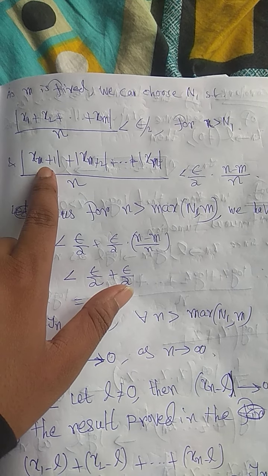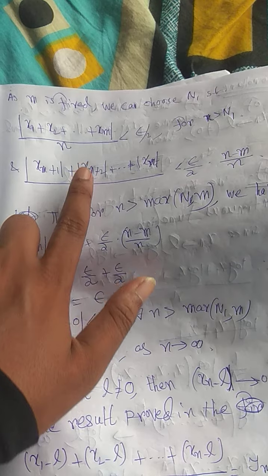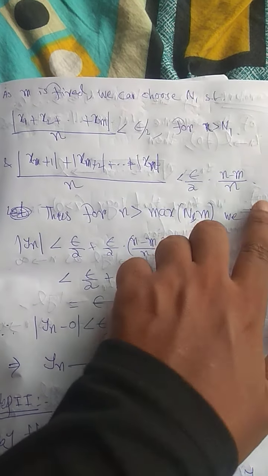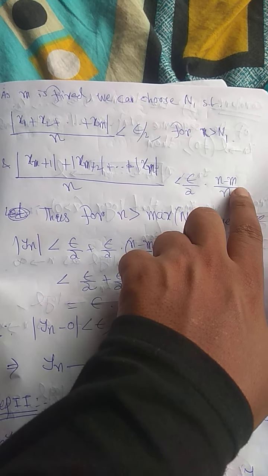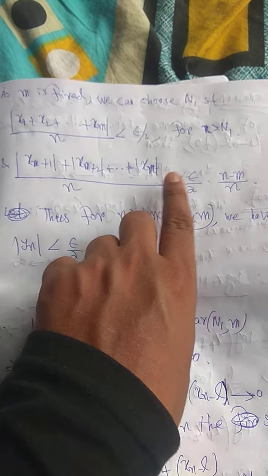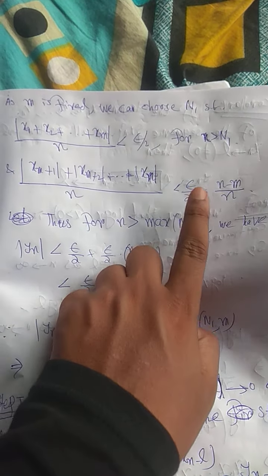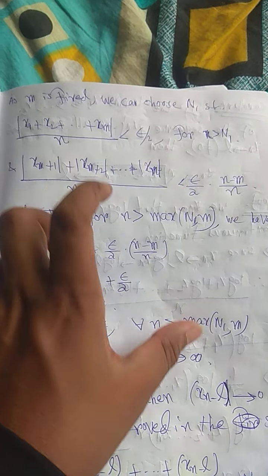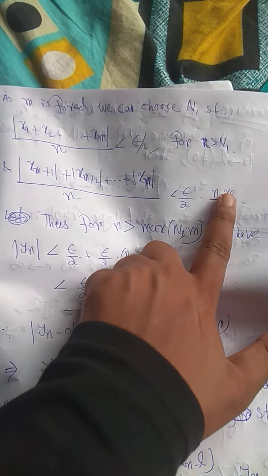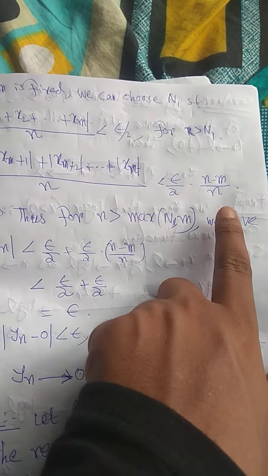And each of these, modulus xm plus 1, xm plus 2, is less than epsilon by 2. But how many terms are over here? From m plus 1 to n, we have n minus m terms, and each of them is less than epsilon by 2. So altogether this quantity is less than epsilon by 2 into n minus m, because total n minus m terms are there and there is an n in the denominator.